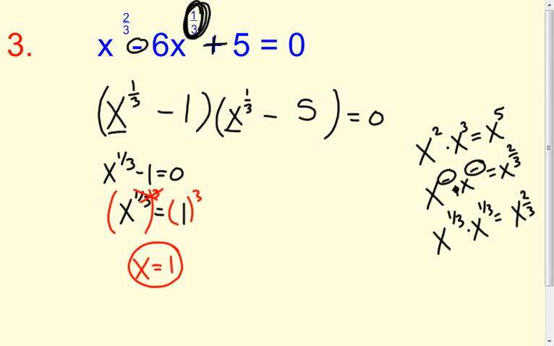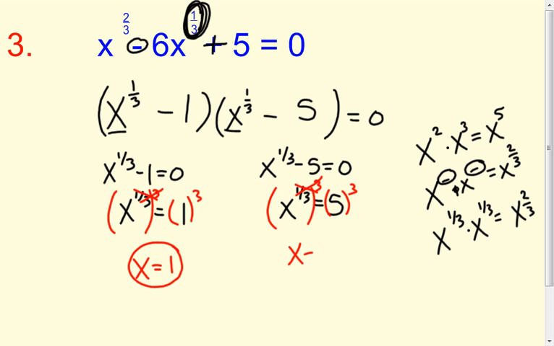Over here, of course, I will have x to the 1/3 minus 5 equals 0. So x to the 1/3 power equals 5. And again, you undo something that's to the 1/3 power by cubing it. That undoes itself. And then 5 times 5 times 5, it's not 15, but 5 cubed is 5 times 5 times 5, which is 125.